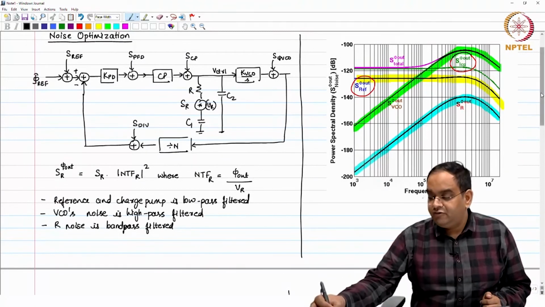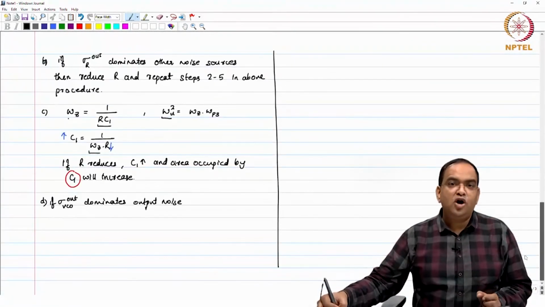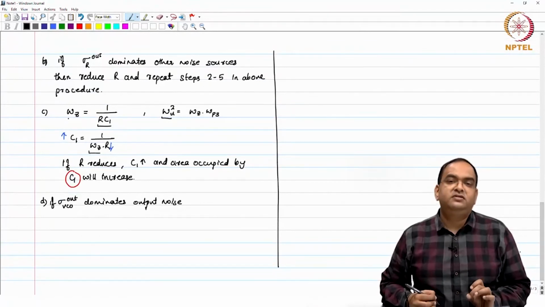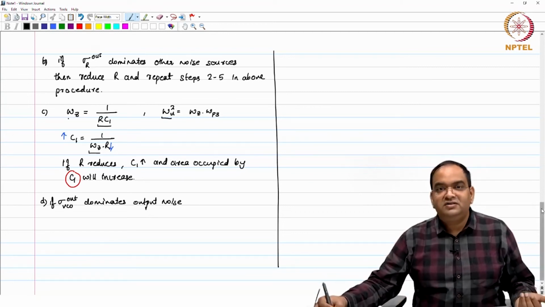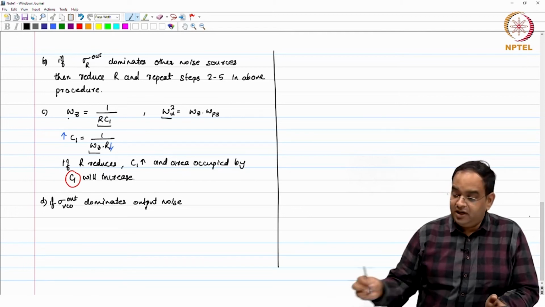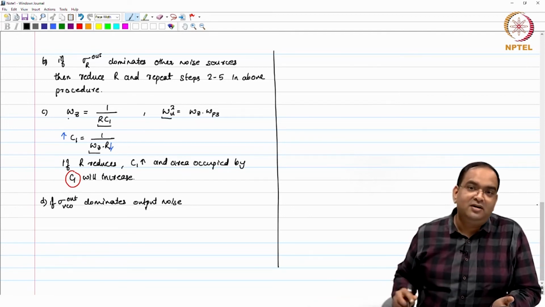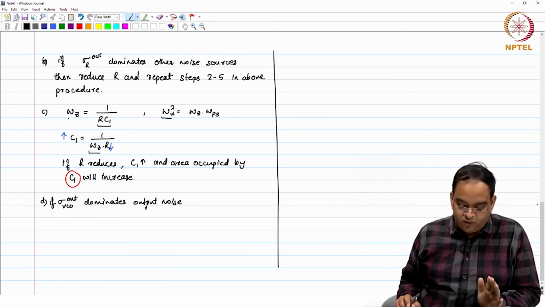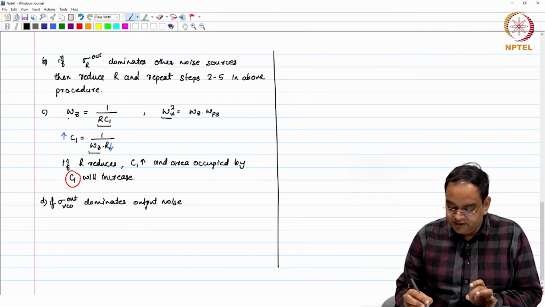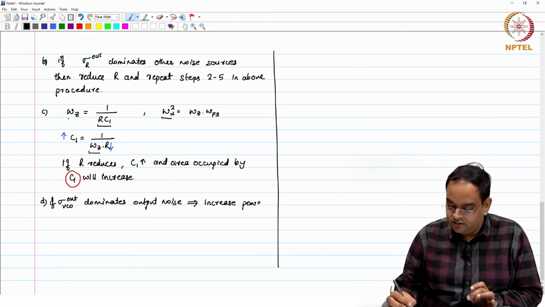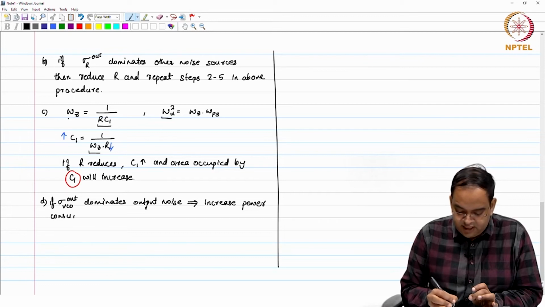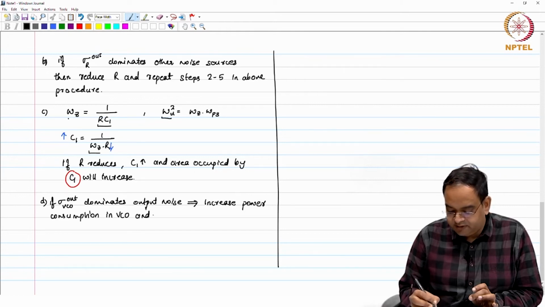If VCO noise dominates, then because you cannot change the reference frequency, which is fixed, or the output frequency, which is what you want, and at omega OPT and sigma OPT it does not meet your requirement, the only way is to increase power consumption in the VCO and reduce its output noise. That is the only way.